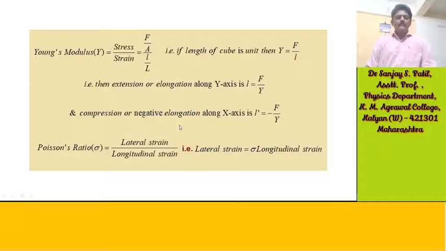We have seen about Poisson's ratio, which is denoted with the letter sigma, and it is equal to lateral strain divided by longitudinal strain. That is, lateral strain is equal to sigma into longitudinal strain.